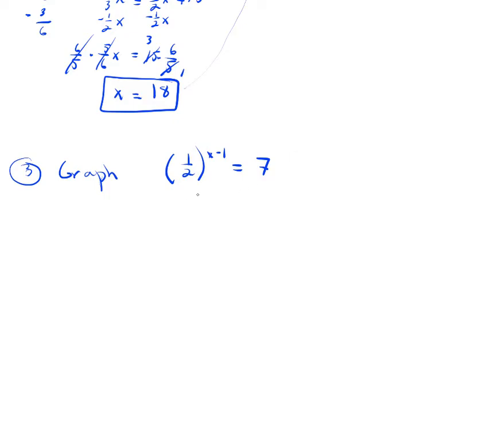We're going to set the two sides equal to y and y. So y equals 7 and y equals that 1/2 to the power of x minus 1. So here I'm thinking, okay, so I've got the 1/2. It's a decay. Oh, it's a decay.